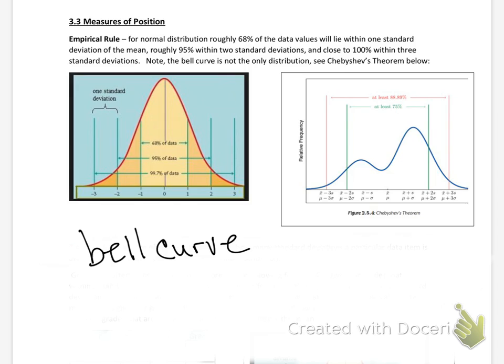that your data is kind of a smooth representation, and that 68% of the data is within plus and minus 1 standard deviation of the mean. 95% of the data is between plus and minus 2 standard deviations.